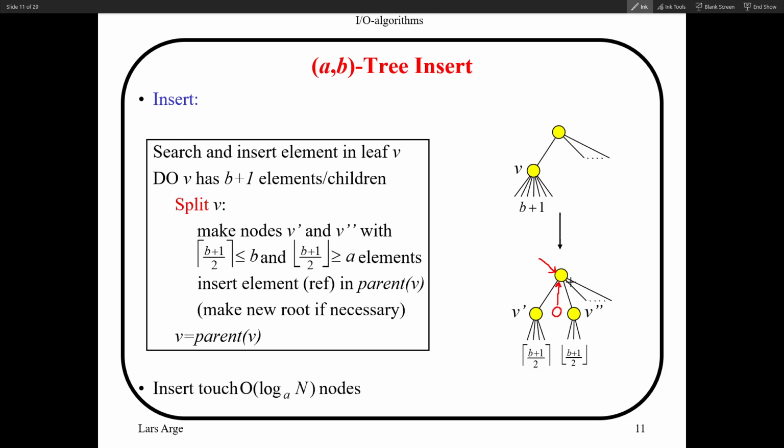And so this operation could cascade all the way. That's why we do it as a do loop. As long as the node that we're iterating over has B plus 1 elements, we just go up. Once we reach the root, we will be done, because we will have split all the elements.